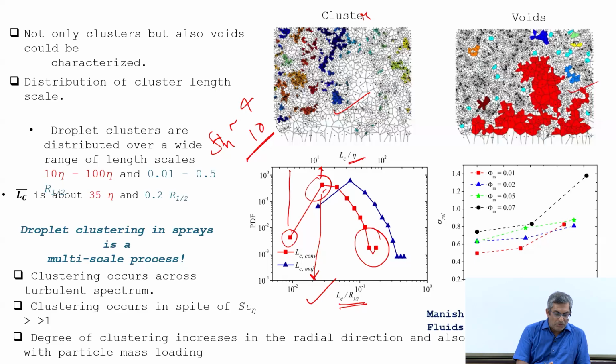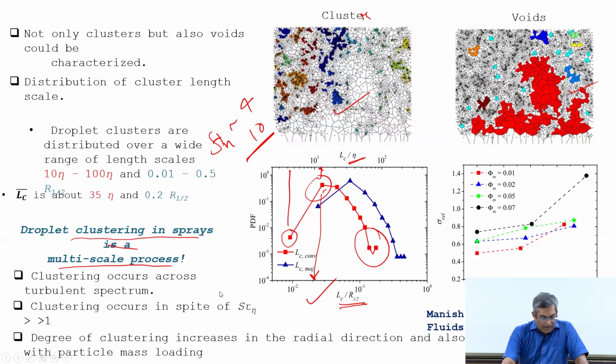So, finally, what we see here is that the droplet clustering in space is a multi-scale process. The clusters are present across the turbulence spectrum. They are not restricted to any particular size.